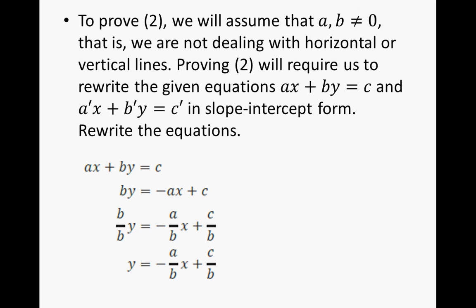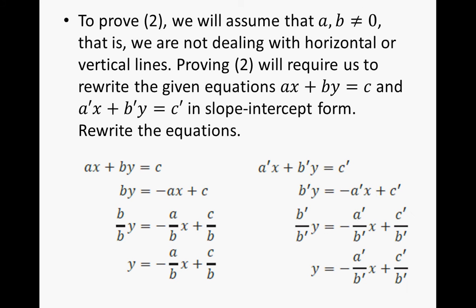First of all, we're going to subtract ax from both sides, and then divide by b so that we get y is equal to negative a over b times x plus c over b. When we do the same thing to a prime x plus b prime y equals c prime, we end up with the same thing.